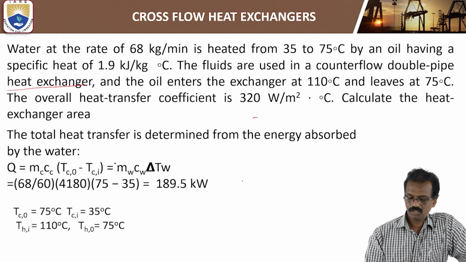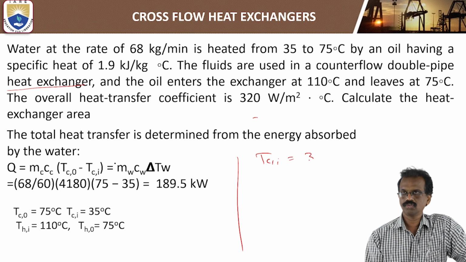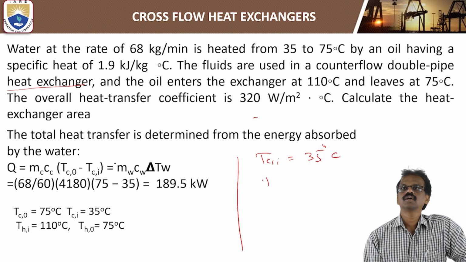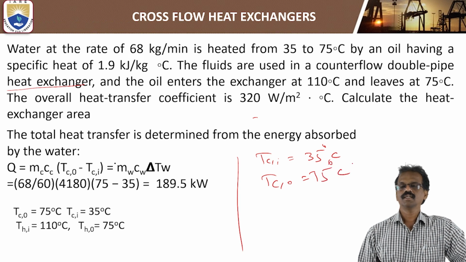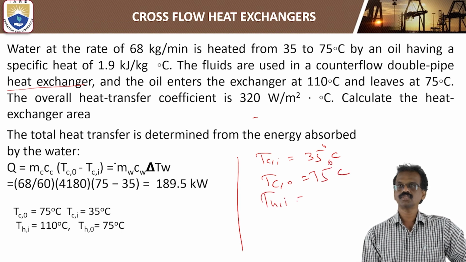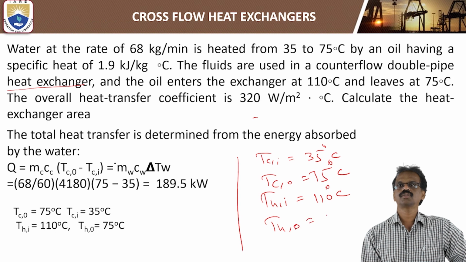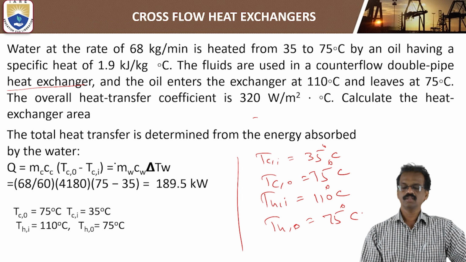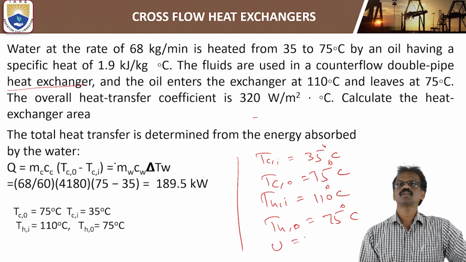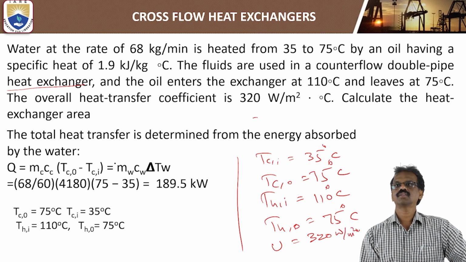This is the data: cold fluid inlet is 35 degrees Celsius and cold fluid outlet is 75 degrees Celsius. Hot fluid inlet is 110 degrees Celsius and hot fluid outlet is 75 degrees Celsius. The overall heat transfer coefficient is also given, 320 watt per meter square degree Celsius.